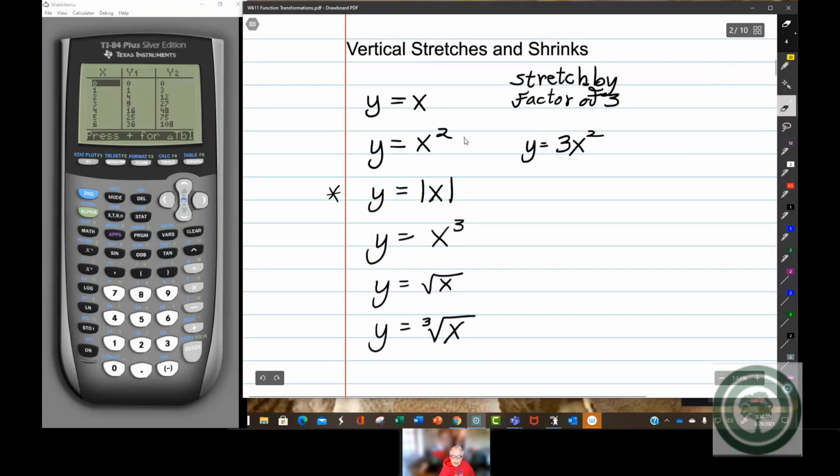So here, the point 1, 1 changes to 1, 3. And the point 2, 4 changes to 2, 12. The X coordinates stay the same, but the Y coordinates get multiplied. So over here, the point 3, 9 becomes the point 3, 27 because 9 was multiplied by 3, and so on.